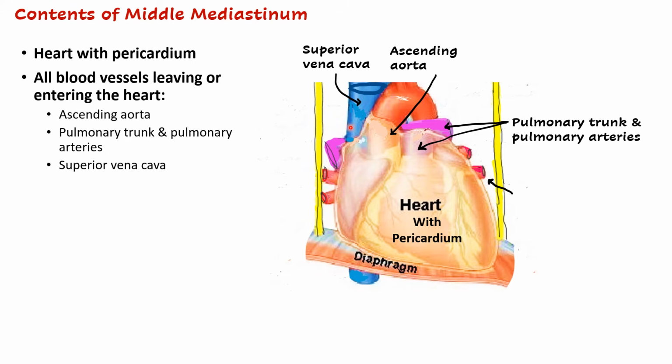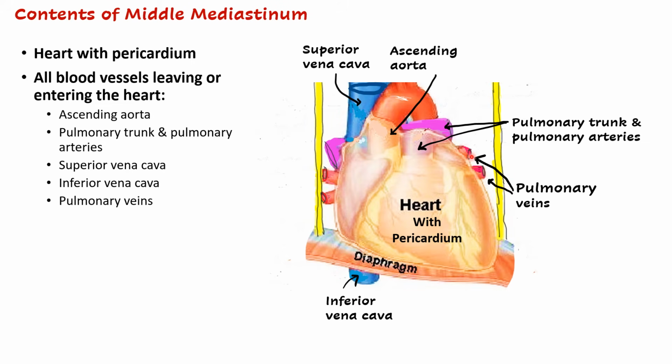So we have the superior vena cava, its termination, then the inferior vena cava, its termination, and the four pulmonary veins. Nerves, as I told you, there will be phrenic nerve. Now why not vagus nerve? Because the vagus nerve has gone posteriorly now to the esophagus, which lies behind the heart.